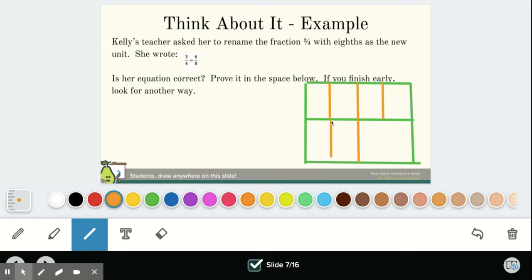So extending this line right here, right now this one's also 4 parts, but I want it to have 8 parts. So I'm going to draw a line down the middle right here and right over here. So now I got 4 right there, but I'm going to do the same thing over here and over here. So now we have 8 parts right here.